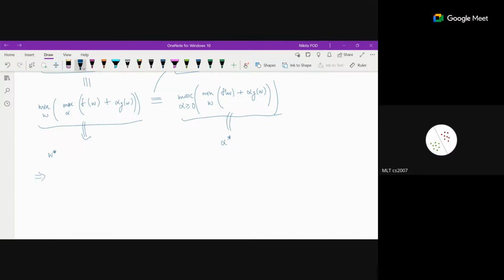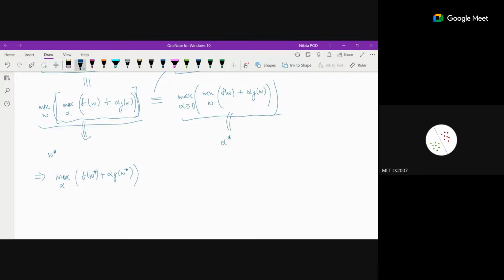if w star is the primal solution, then this whole thing can be written as max over alpha of f(w star) plus alpha g(w star), because you obtain some w star that is minimizing this, right?